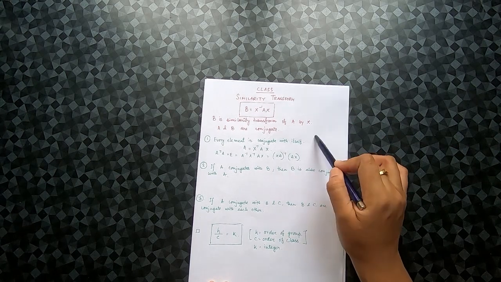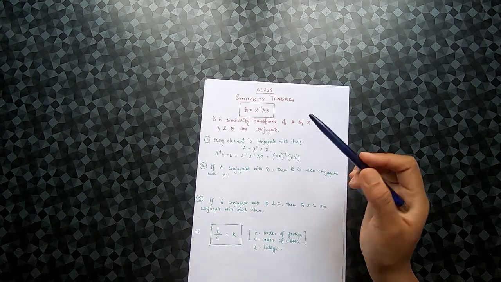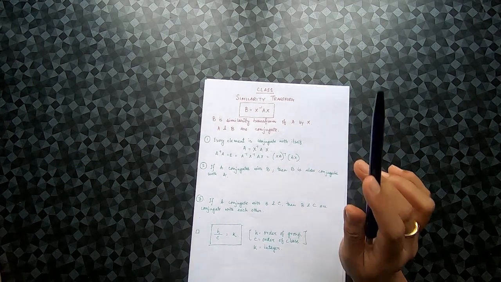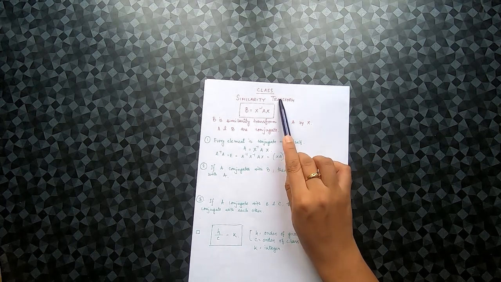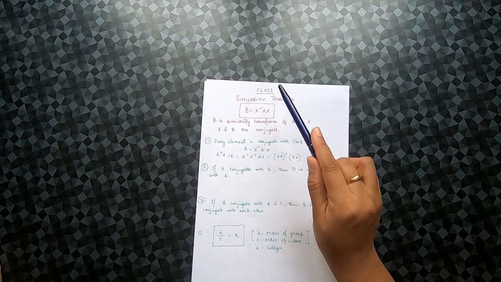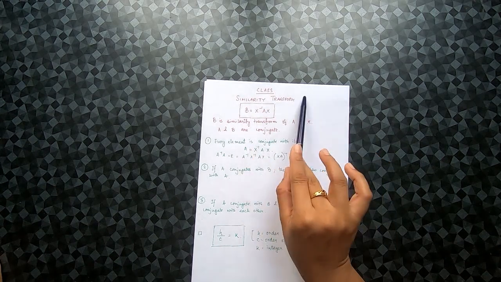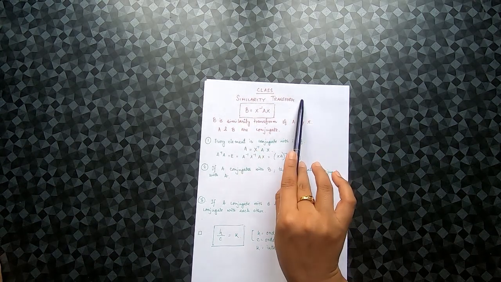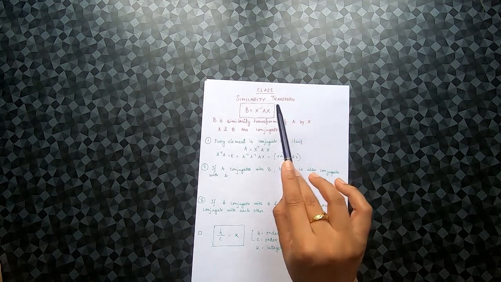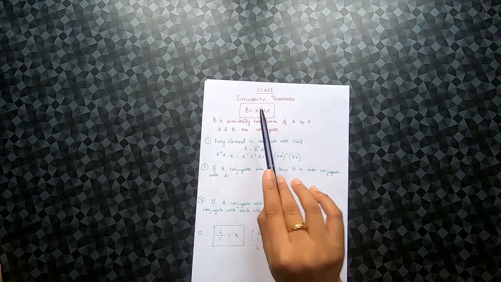In this path of discussion, another concept we need to know is class. To understand the concept of class, we need to understand the concept of similarity transform. We can explain this concept mathematically.